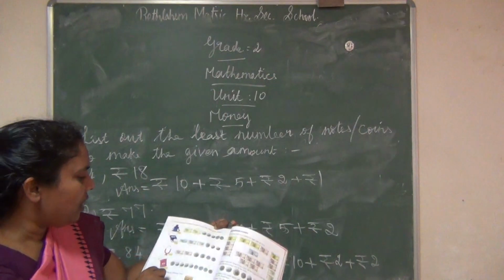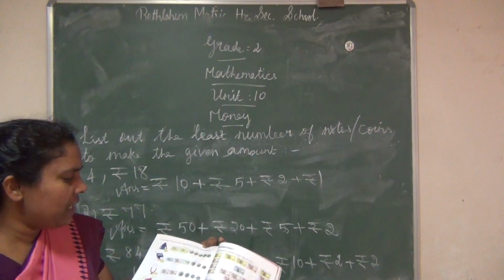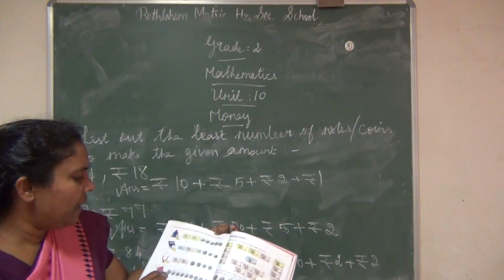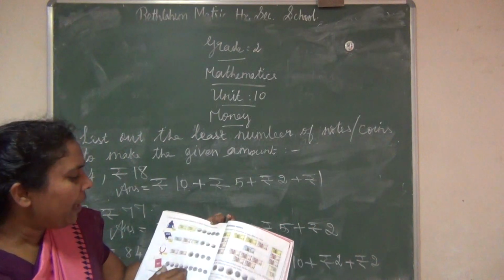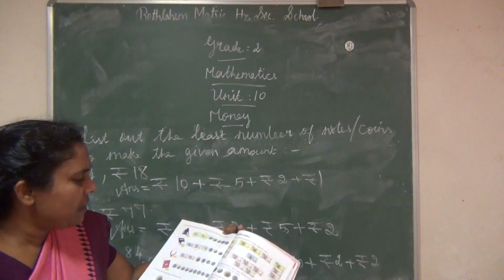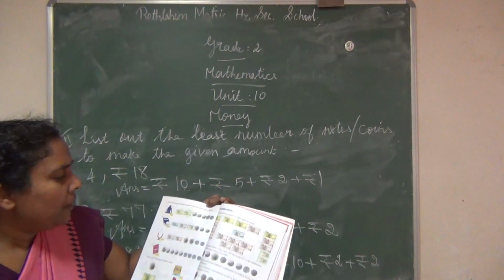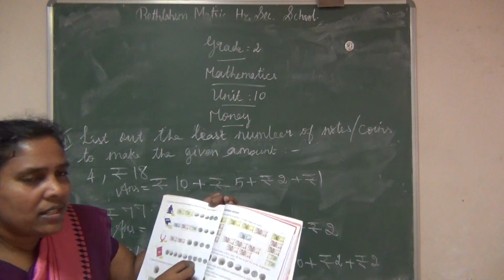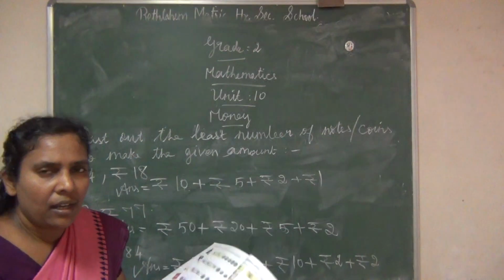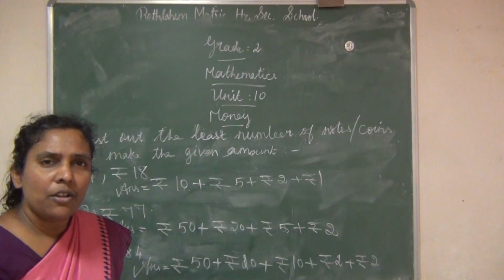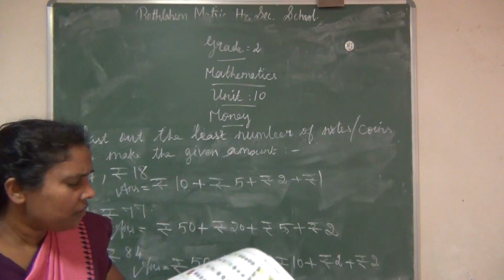And the last one, the cost is 15. So we should mark here 7 2 rupee coins and 1 rupee coin. Have you understood? You should do all these in the book.